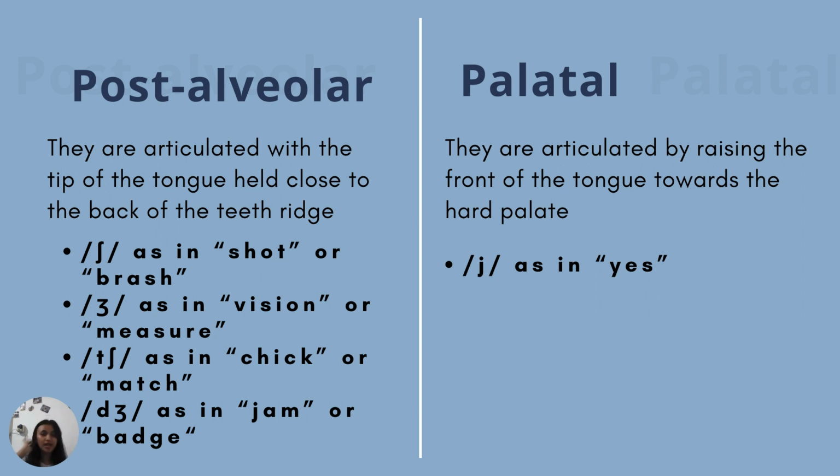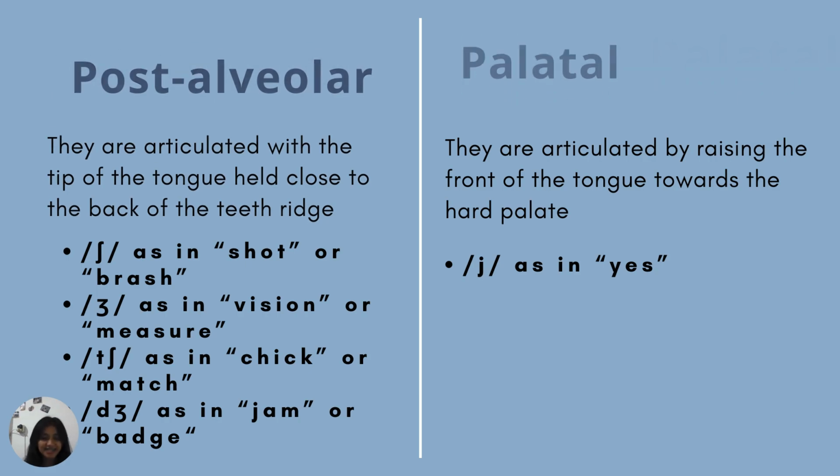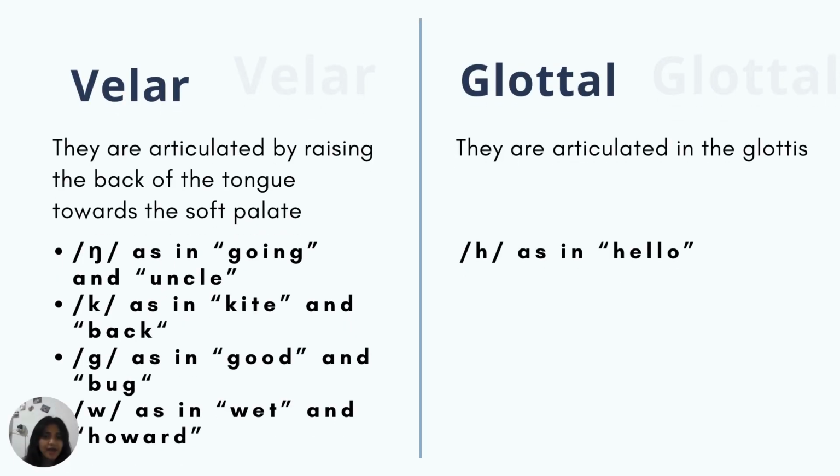As simple as that. And then there is palatal, which is articulated by raising the front of our tongue towards the hard palate, in sounds like y, as in the word yes. Then there is velar, which is articulated by raising the back of our tongue towards the soft palate.